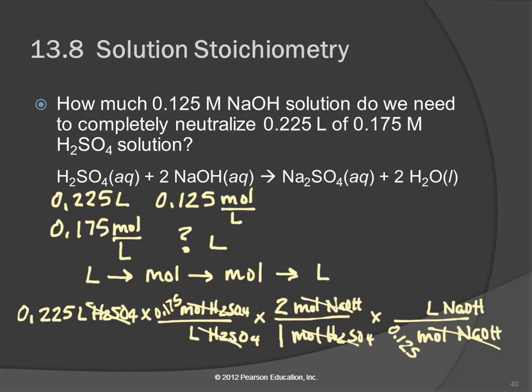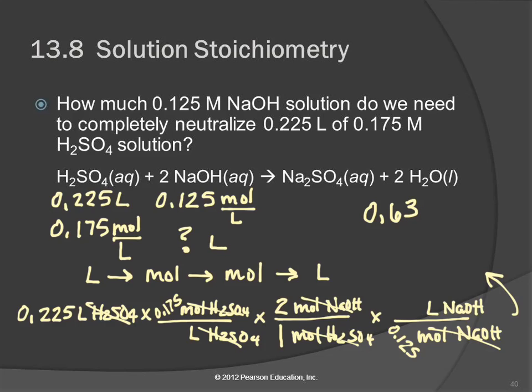0.225 times 0.175 times 2 divided by 0.125 equals. The calculator is showing me 0.63. So I'm going to make it come up here, 0.63.